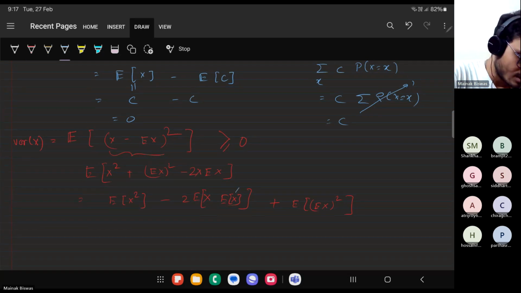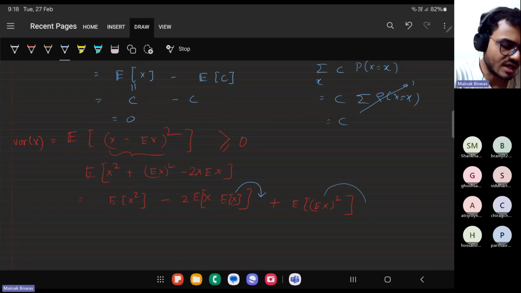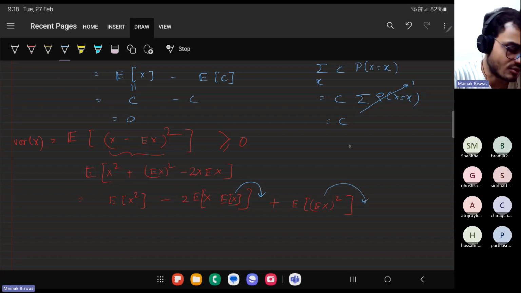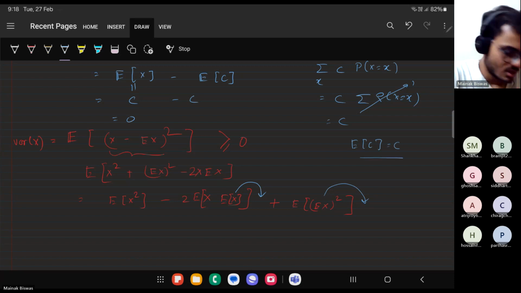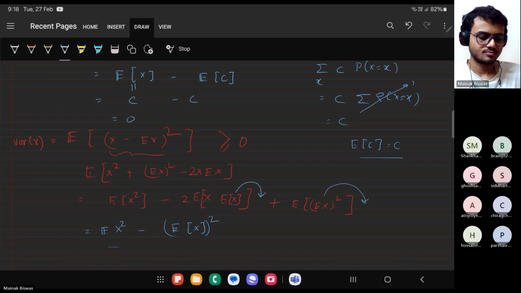So do you agree this constant can go out? Again, this constant can be removed. There is no expectation of a constant. Expectation of a constant is a constant. So you'll get expected value of x square minus... yes or no?